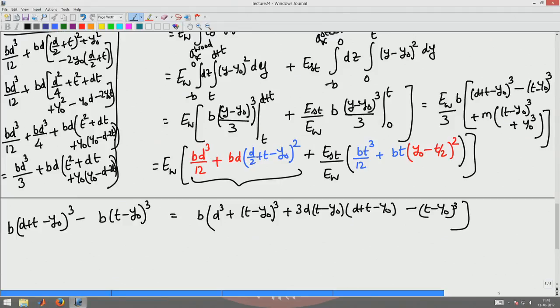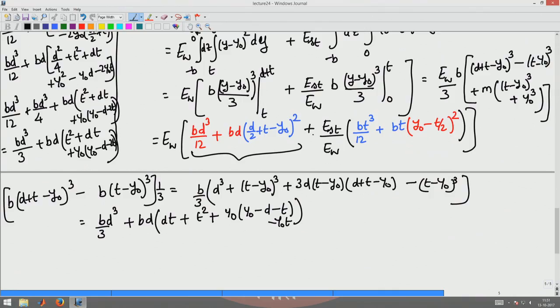So, this will now be equal to, I left that 1/3 outside, b/3 times d³ plus bd times, I move a (t − y₀) inside. So, it will be dt + t² plus y₀(y₀ − d − t) minus y₀t.